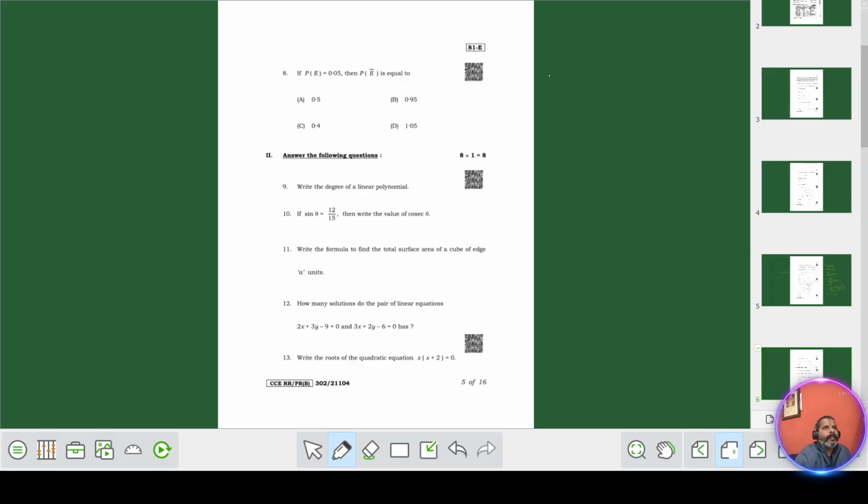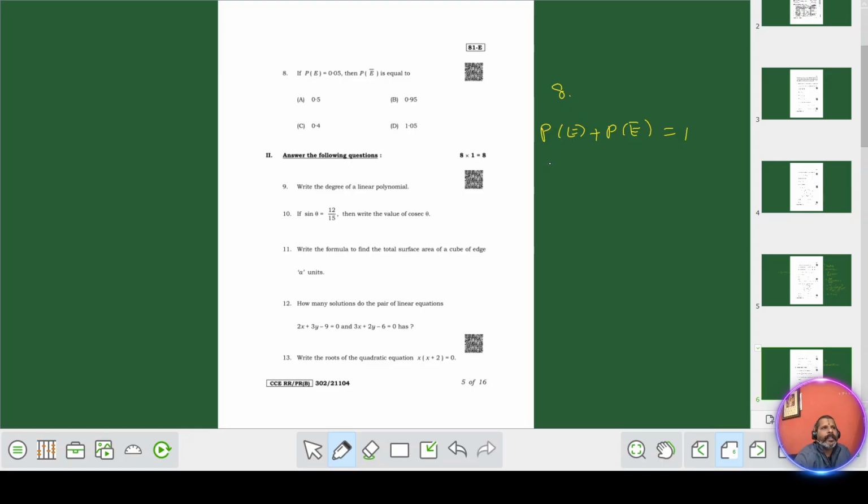Okay, this is again an important question. Eighth one. If P of E is 0.05, what is P of E bar? E bar is nothing but the negation of the event. We know P of E plus P of E bar is 1. The sum of the probability of an event and the probability of its negate event is 1. That's the identity.